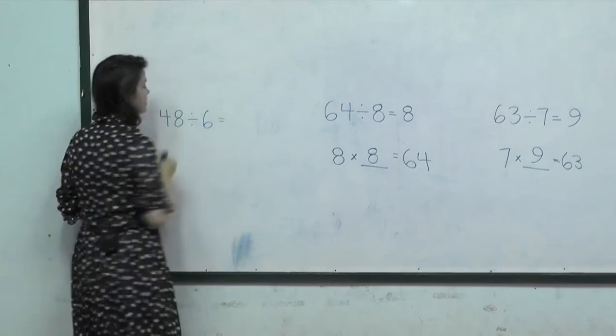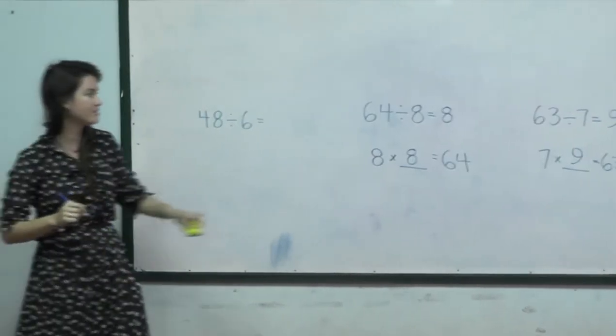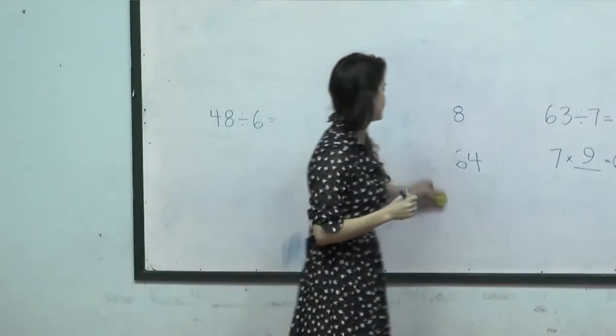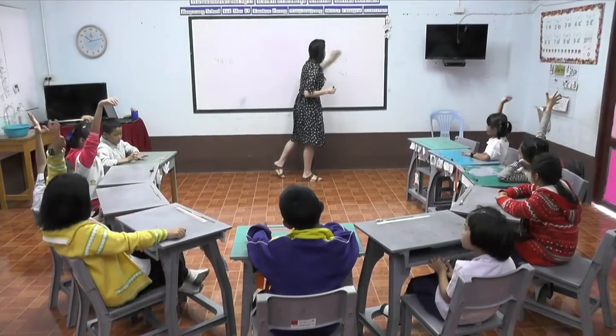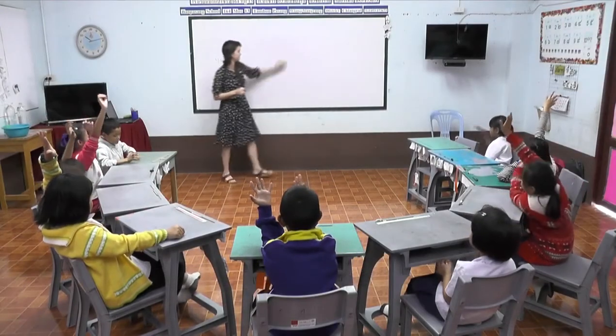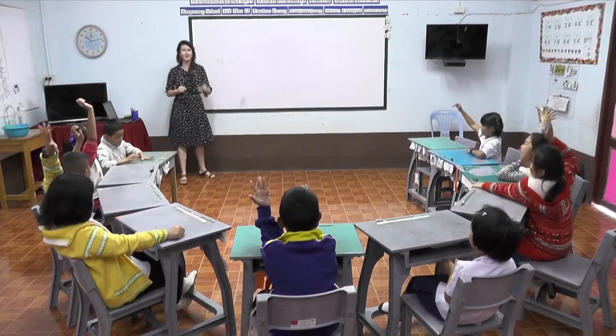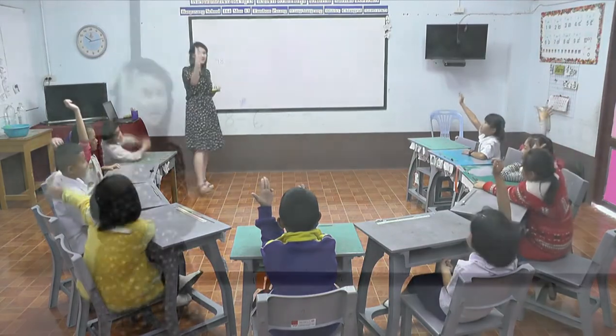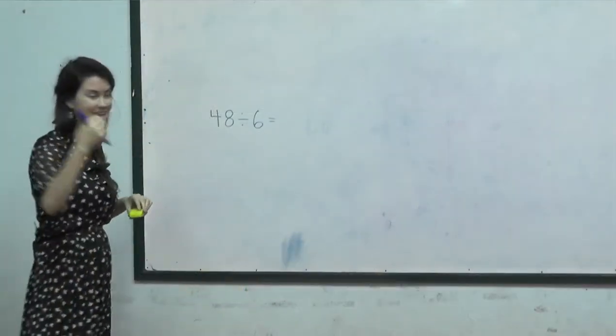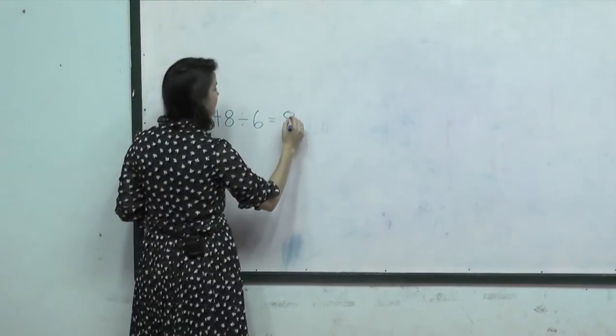48 divided by 6. Think what's 48 divided by 6? 1, 2, 3. 8. Good job, friends. Very nice.